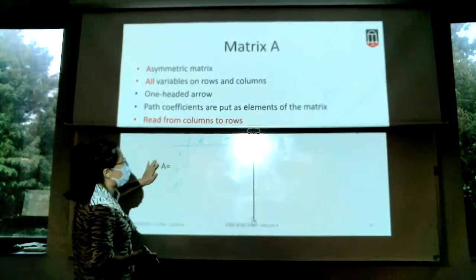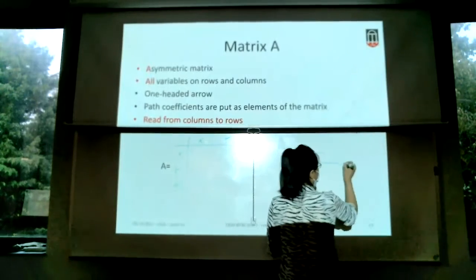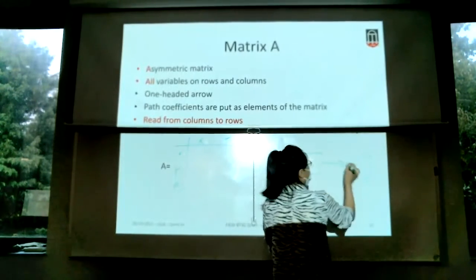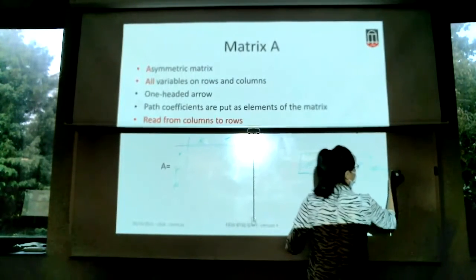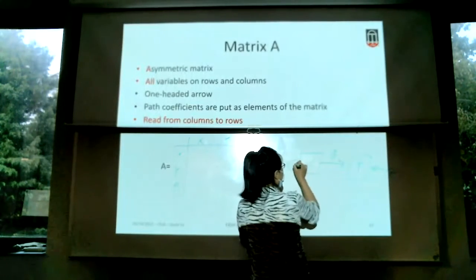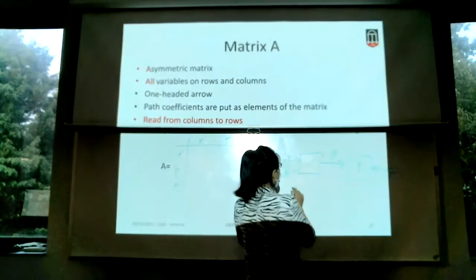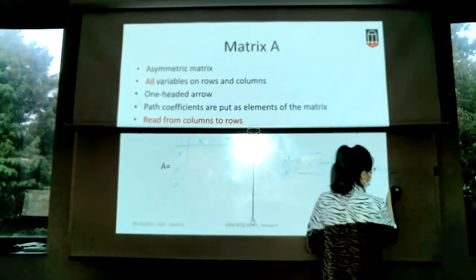We're going to read from columns to rows. Starting with this path diagram, we have x here, y here, e here. This is a beta.